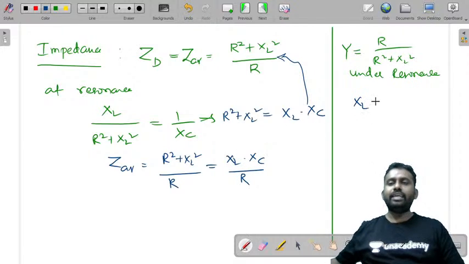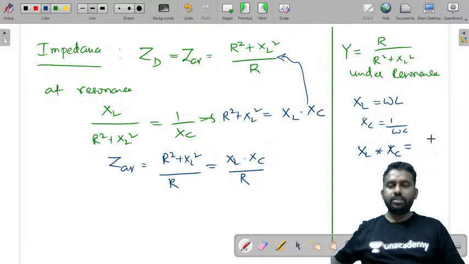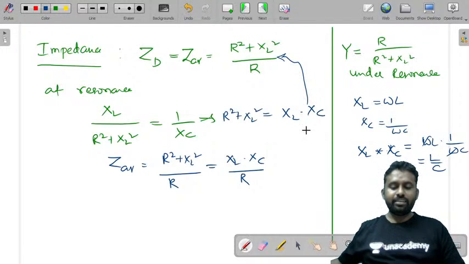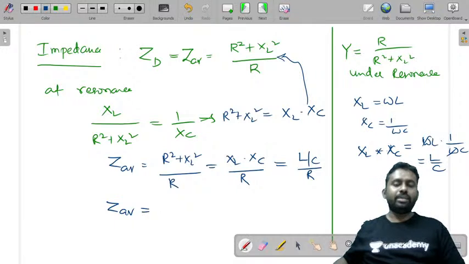What is XL into XC? XL is equal to omega L, XC is equal to 1 by omega C. So XL into XC is omega L into 1 by omega C. Omega and omega get cancelled and you'll get L by C. So XL into XC by R is L by C by R. ZAR, or dynamic impedance, is equal to L by RC.